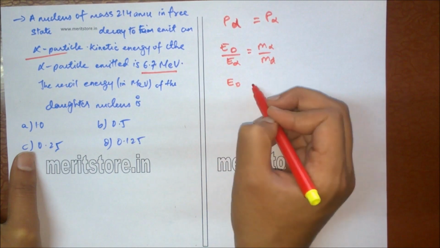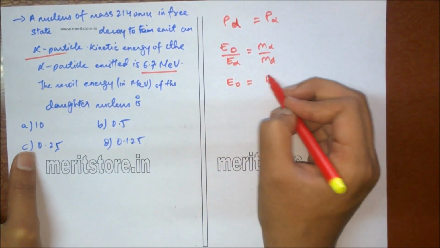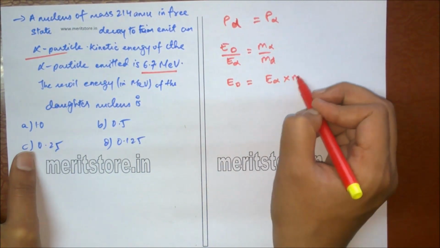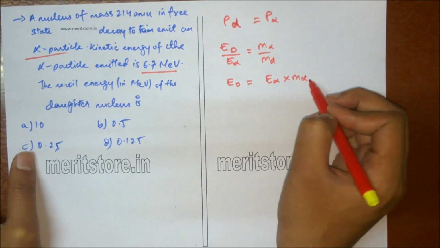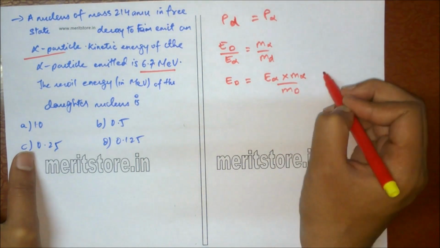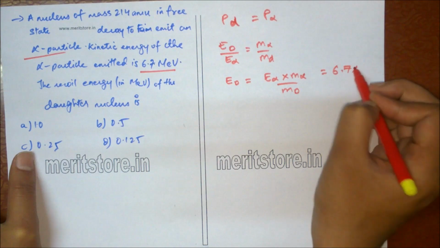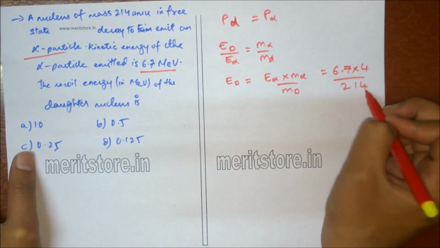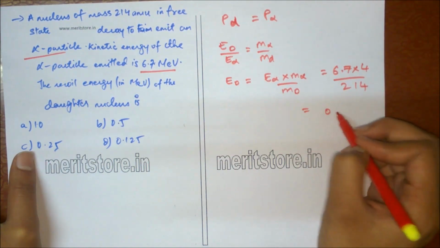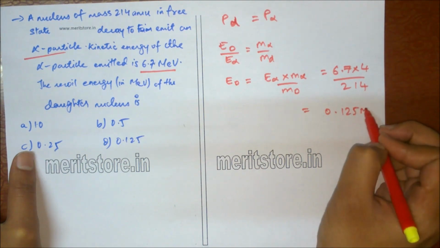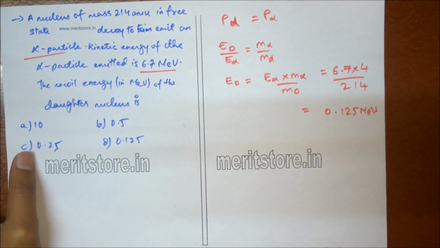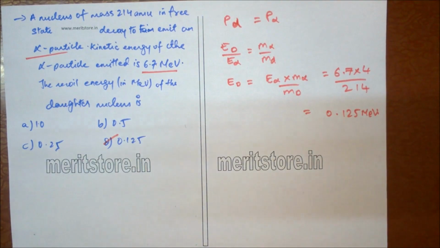So energy of daughter nuclei is equal to energy of alpha into mass of alpha upon mass of daughter. So which is equal to 6.7 into 4 upon 214. So which comes out to be 0.125 mega electron volt. So option D is the correct answer.